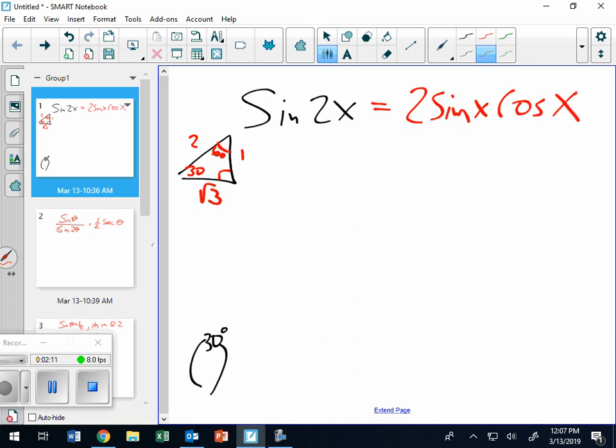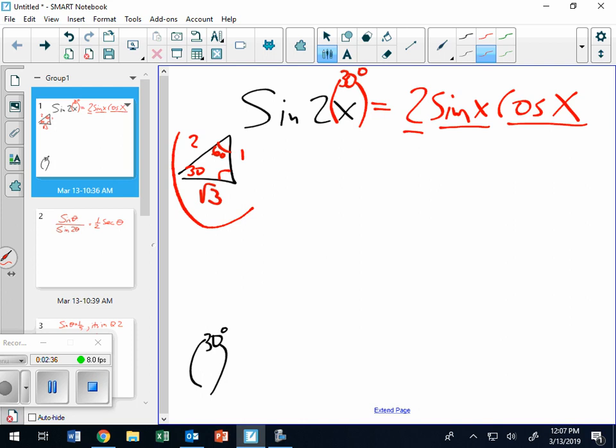Well, that's pretty handy because you all know how to find sine and you all know how to find cosine. All right, so I'd like you to find, if x was 30, sine of 2x. Well, you might be like, isn't that the same as sine of 60? Well, it's actually 2 sine cosine.